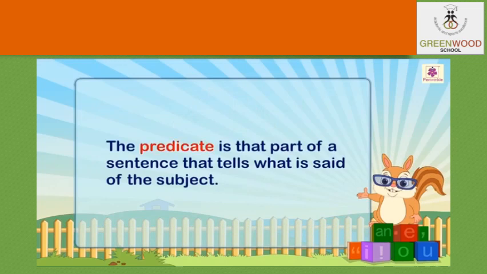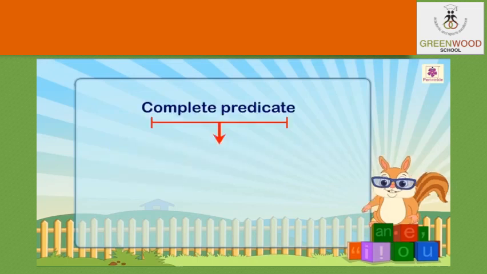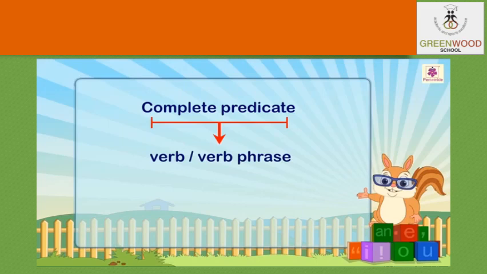The predicate is that part of a sentence that tells what is said of the subject. The complete predicate includes a verb or verb phrase plus all the words after the verb.